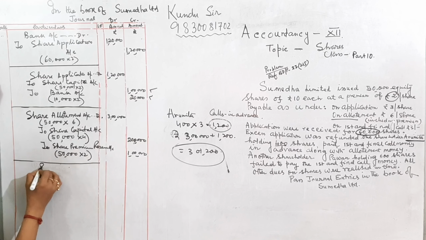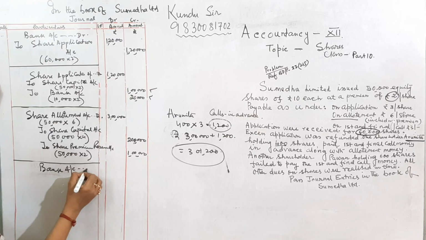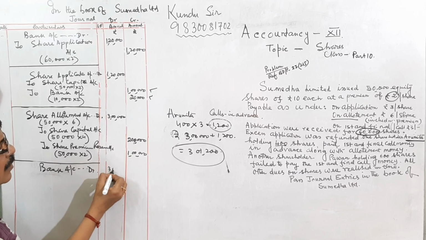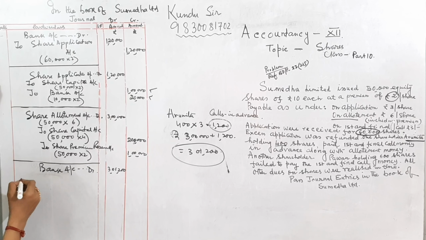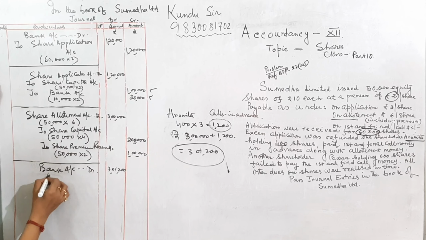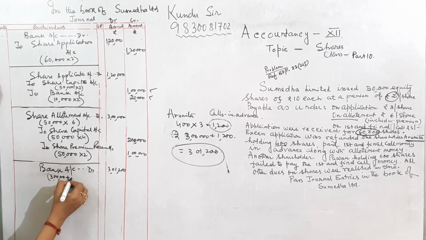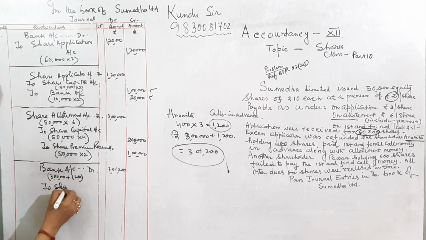That is, bank account debit. How much are we getting? 3 lakh 1200. That means this 3 lakh plus calls in advance 1200.